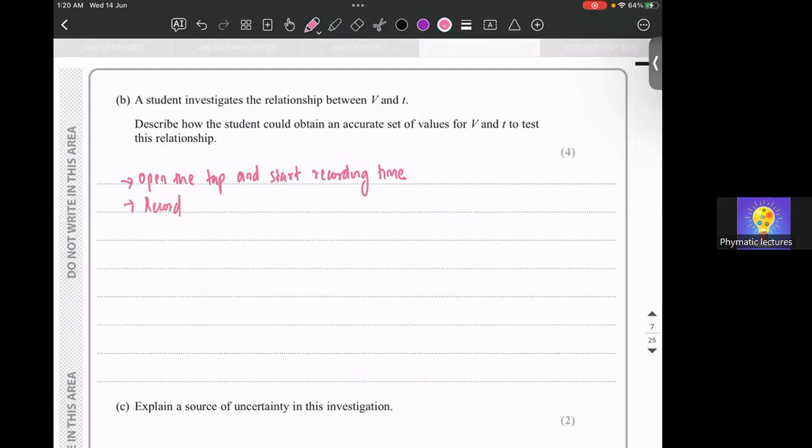Record volume at successive time intervals.